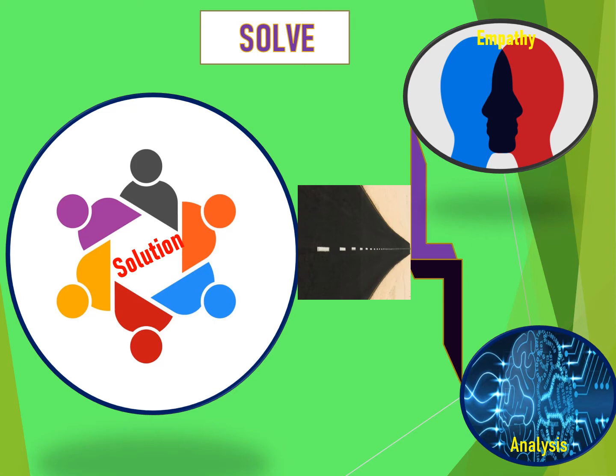In the second stage, that is analysis, we tried to find the real root cause of the problems by adopting multi-way techniques. And of course, we tried to learn how to define the problems.